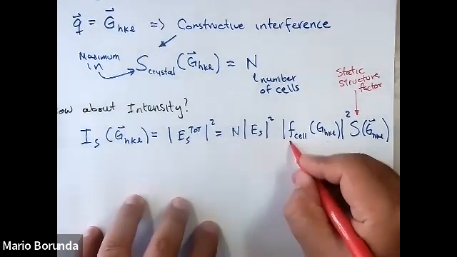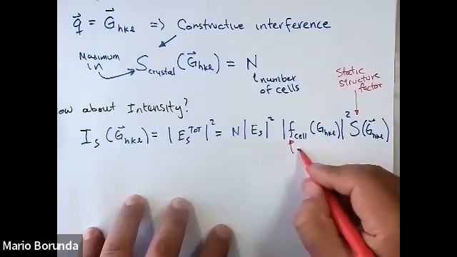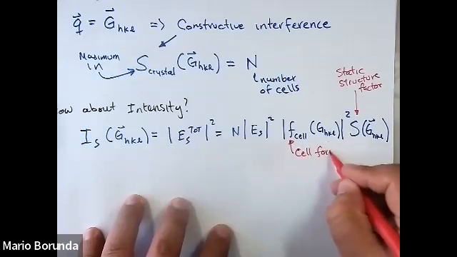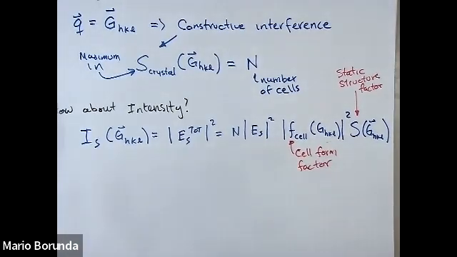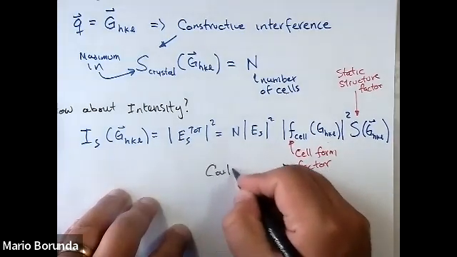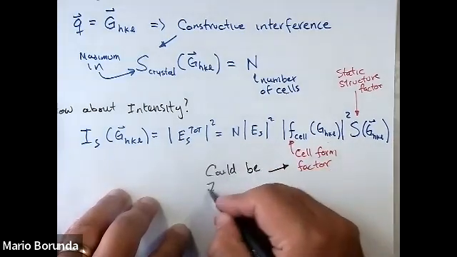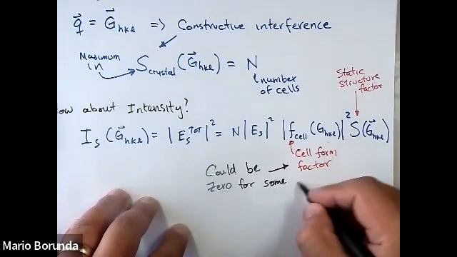And this one right here is called the cell form factor. And this one could be 0 for some position of atoms.